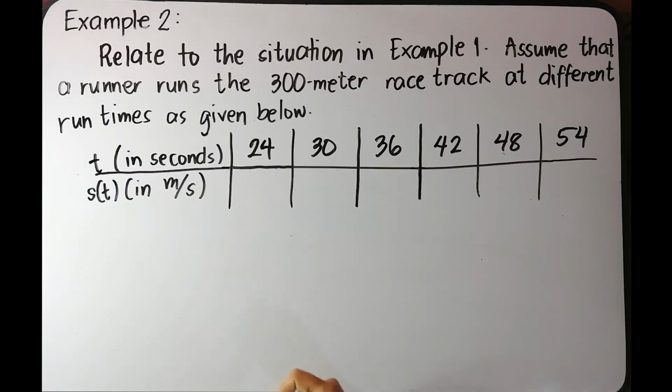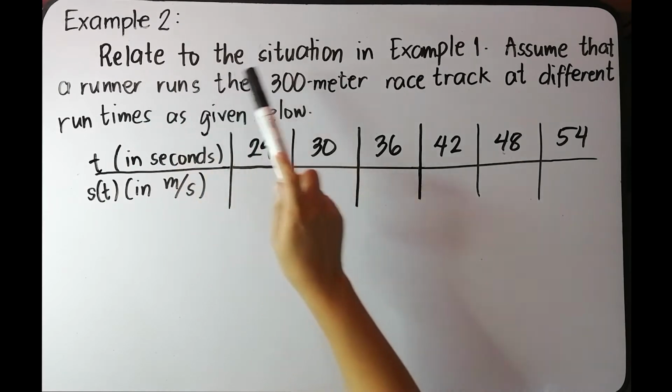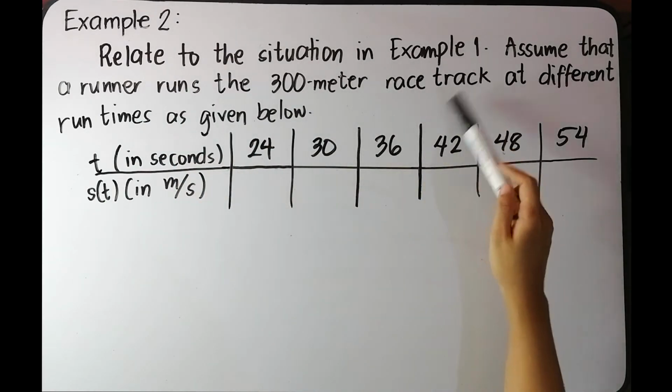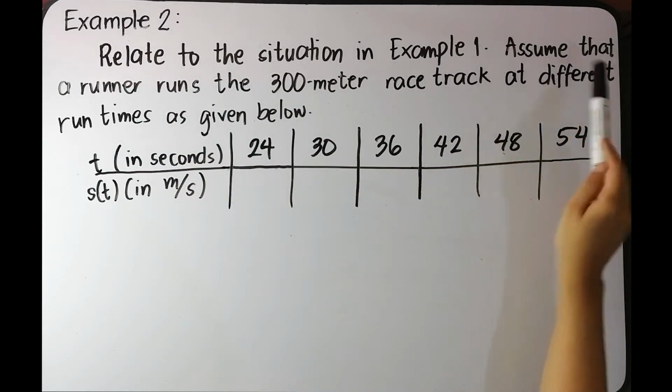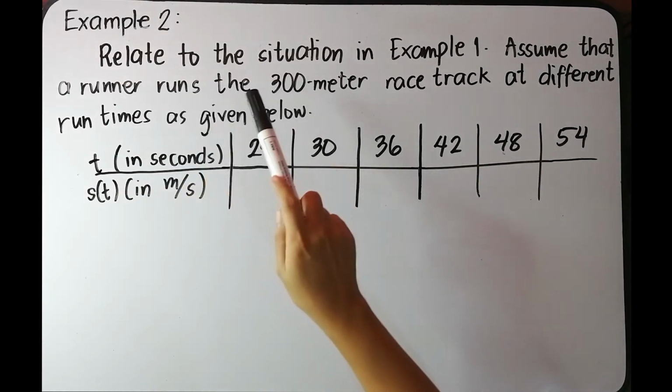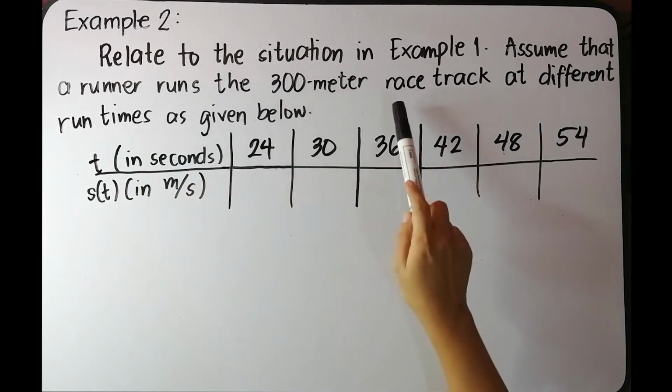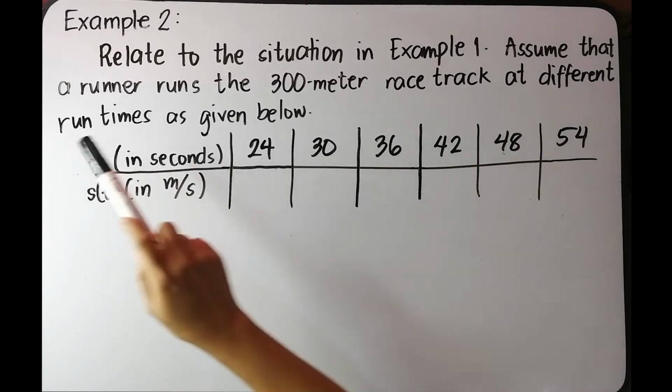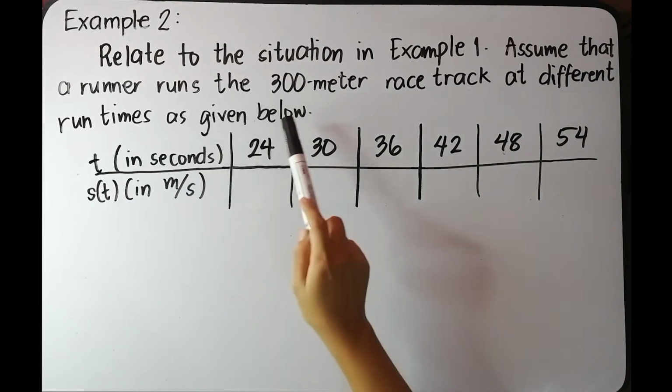So now let us have the second example in solving problems involving rational functions. We relate the situation in example 1 earlier. Assume that a runner runs the 300-meter racetrack at different run times as given below.